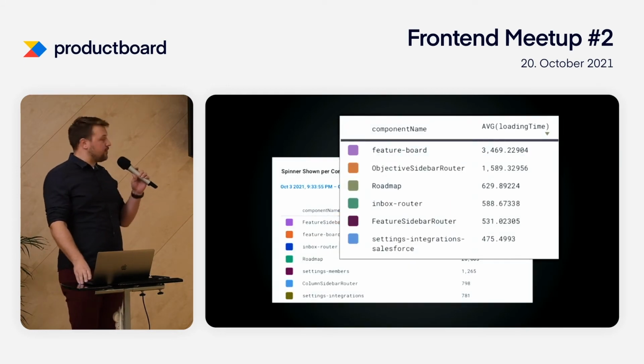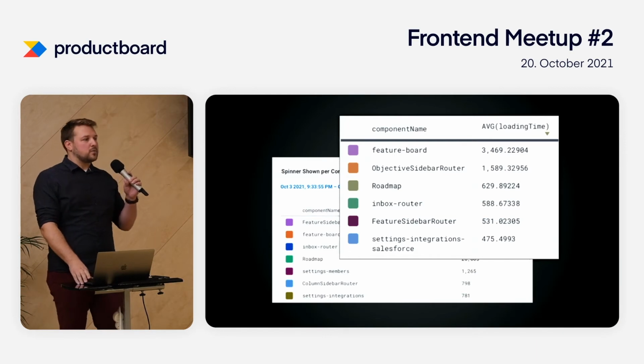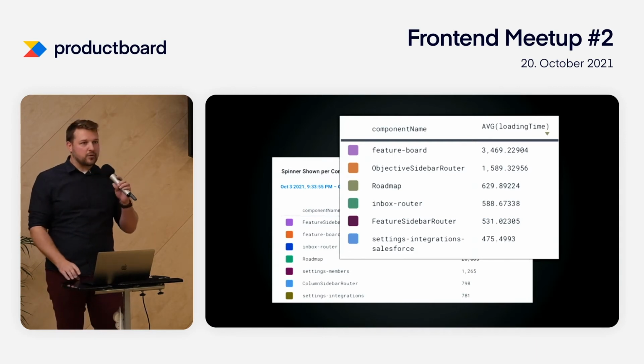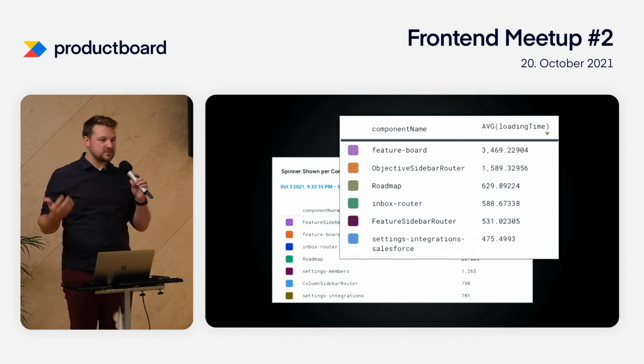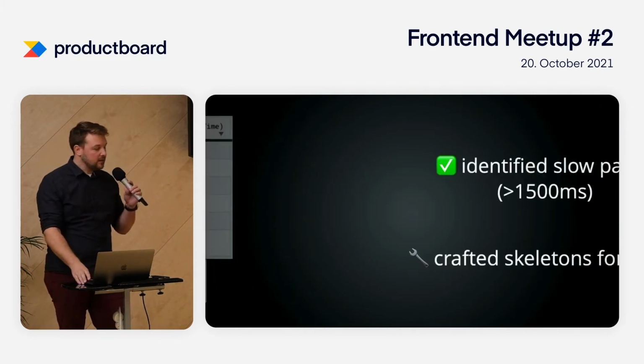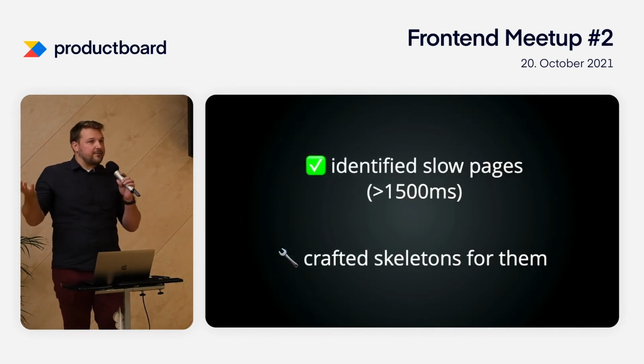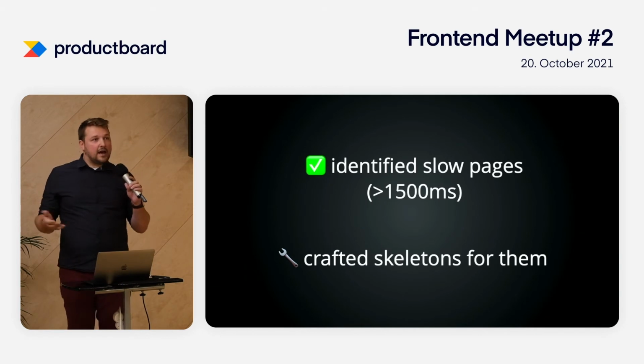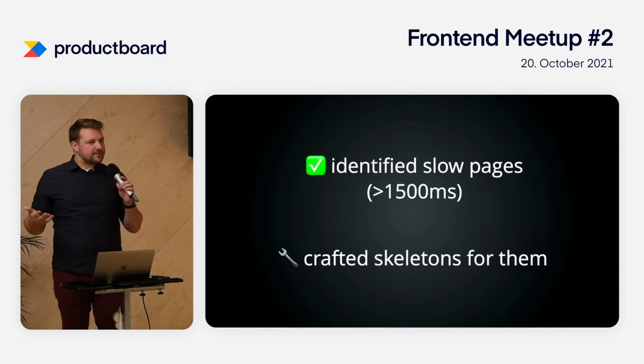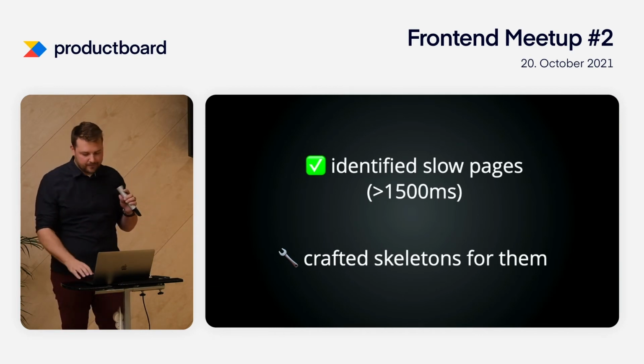It gave us visibility into which components, which parts of Productboard are huge and slow to load. By this, we identified these slow pages, and we were able to specifically craft skeletons for them.